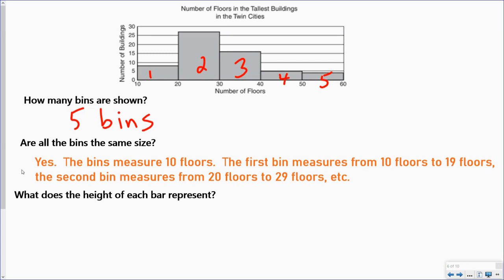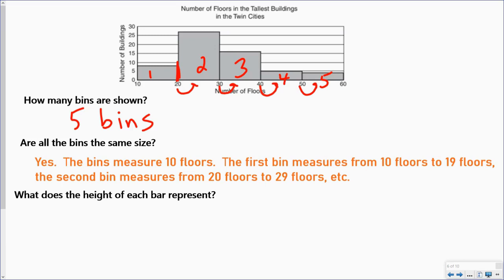The first bin measures from 10 floors to 19 floors. The second bin measures from 20 floors to 29 floors. So this line here is the cutoff. So in this case, the 20 goes over here, the 30 into this one, the 40 is the start of this one, and the 50 is the start of this one.